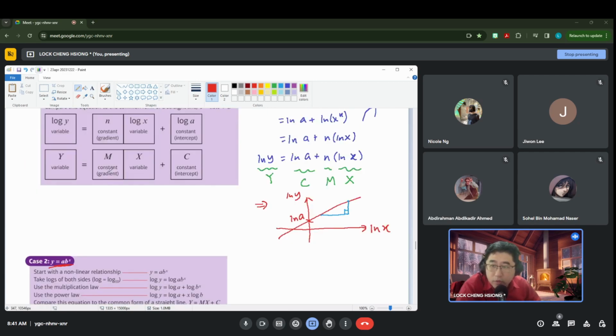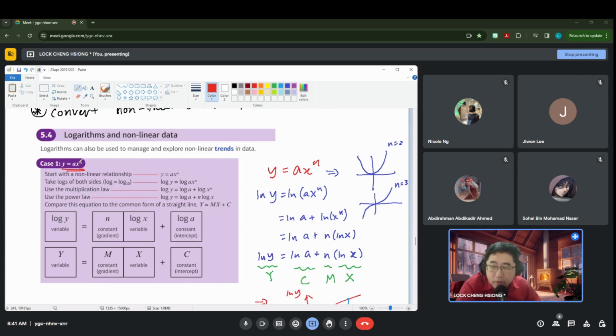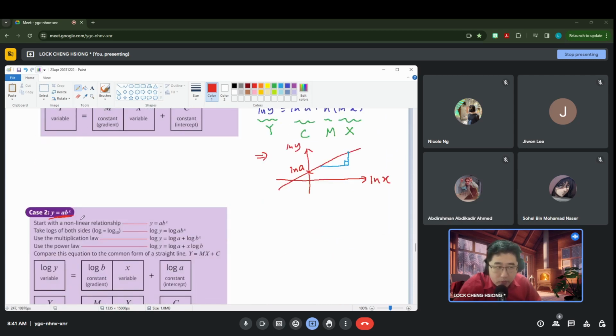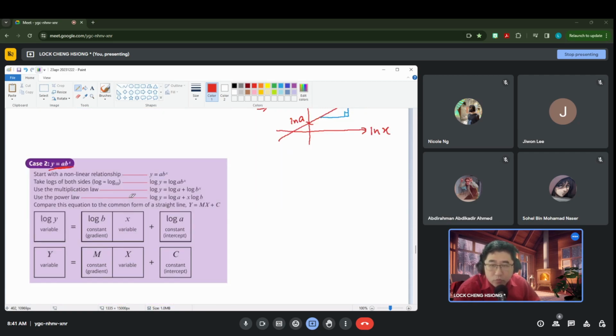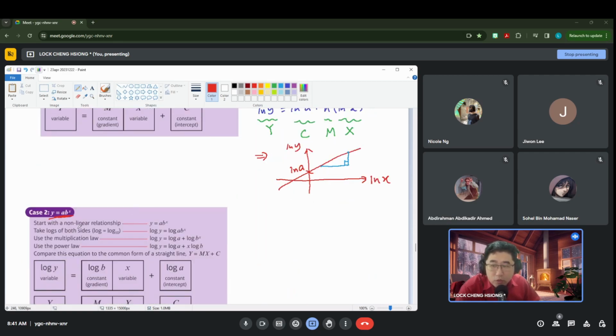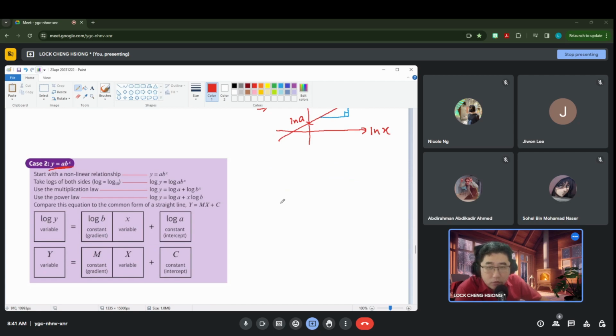This time, earlier the x is a base, now the x is a power. Okay, now the x is a power. So y equals ab power x.